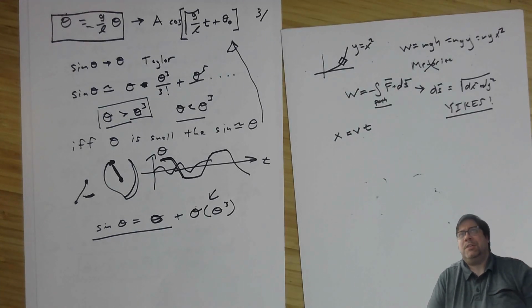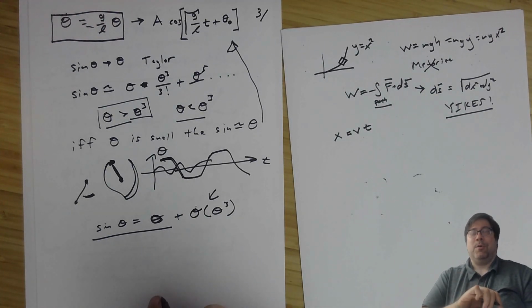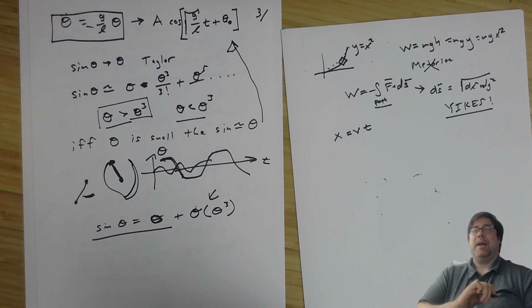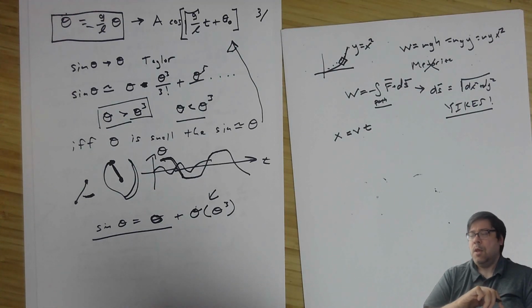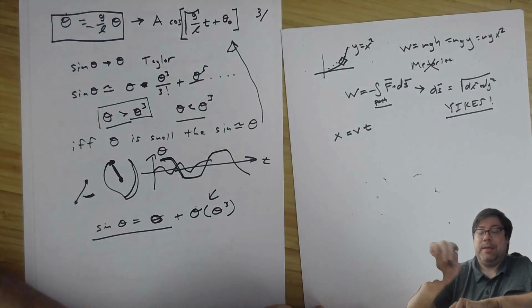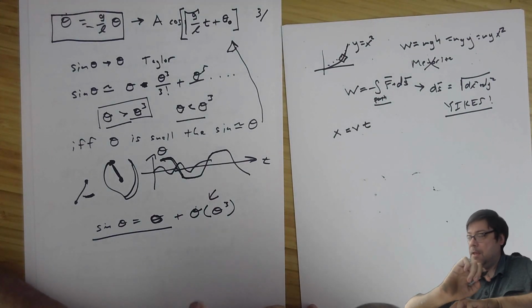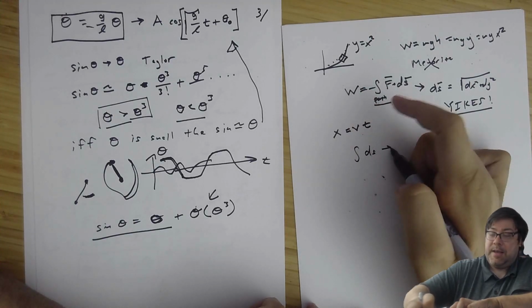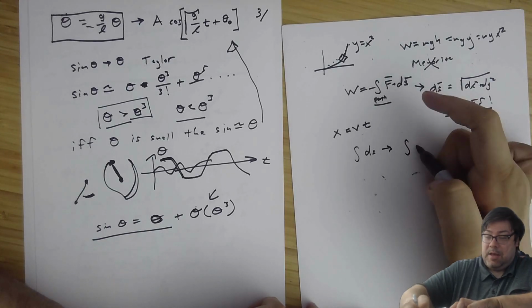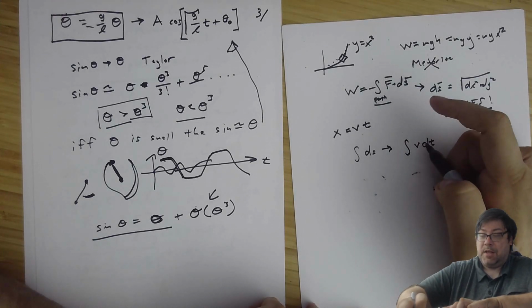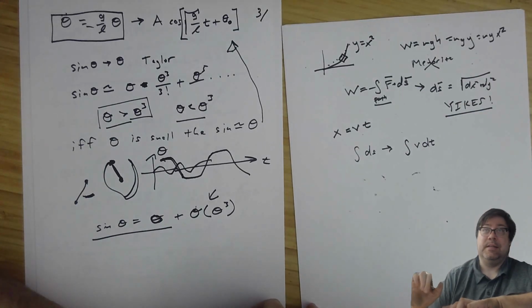Instead of thinking of myself climbing up this hill, we can think of this as a time-dependent problem where I'm walking up this hill in a certain amount of time. Then instead of the integral of ds, I can translate this into the integral of v dt, because of course your velocity just equals ds/dt.